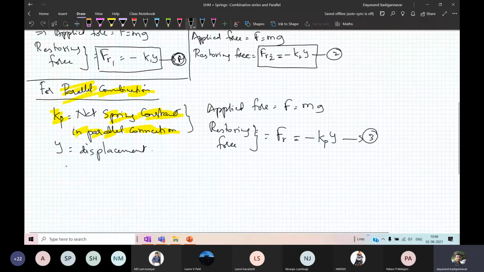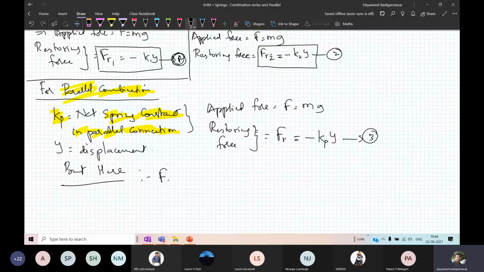Now we know that the restoring force Fr is equal to Fr1 plus Fr2.